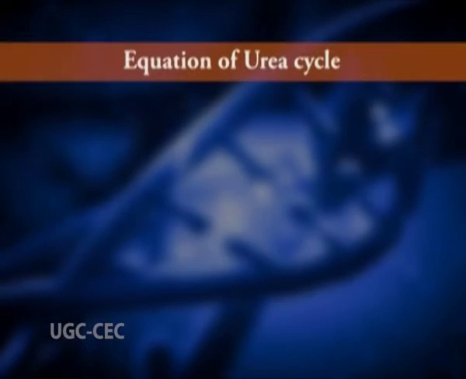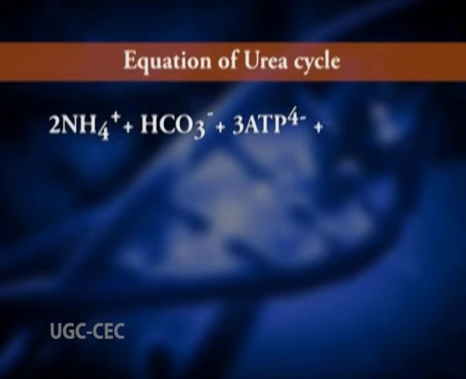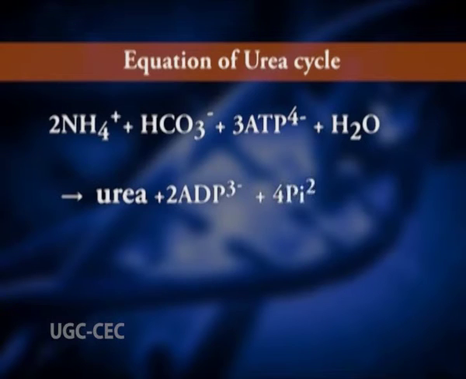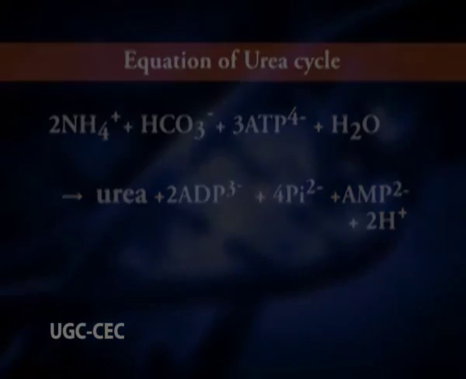The overall equation of the urea cycle is 2 molecules of ammonium ion, bicarbonate ion, and 3 molecules of ATP and 1 molecule of water react to form urea, 2 ADP, 4 Pi, 1 AMP and 2 hydrogen ions.